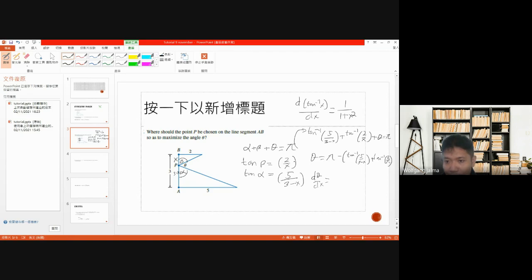So this one we have 0 because it's constant, minus tangent inverse.